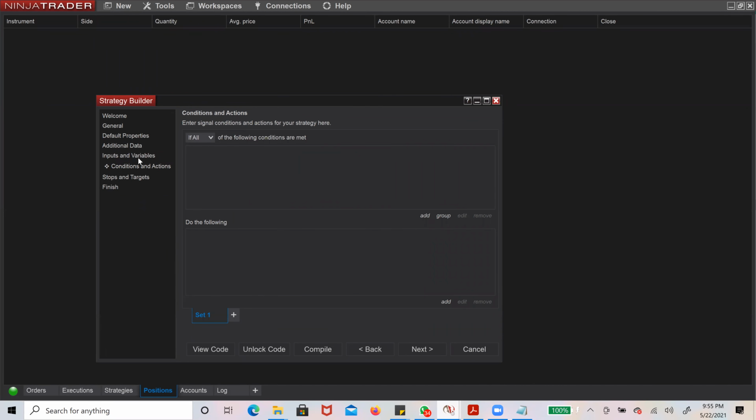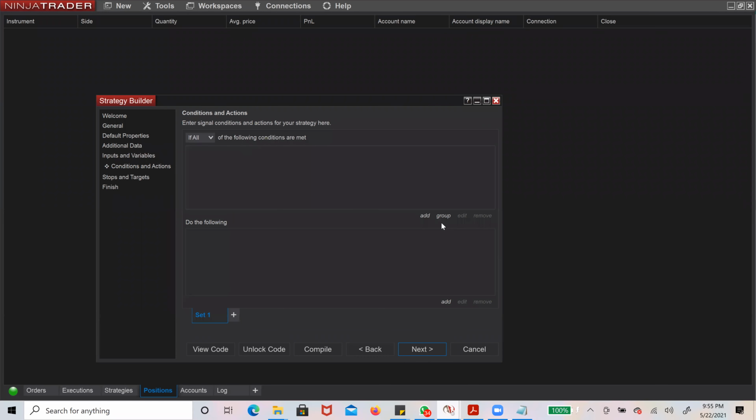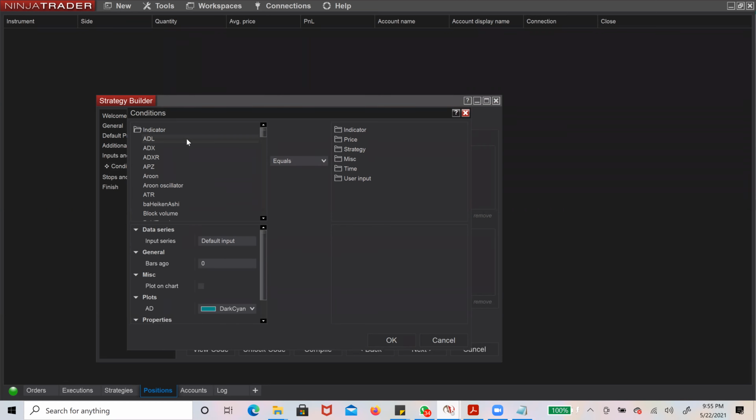So input variables are what you want to do: you want to buy a position, you want to sell a position. But the next thing is, how do you want to strategize it? What kind of conditions do you want? At that time, you can click on the indicators and select which indicators you want.